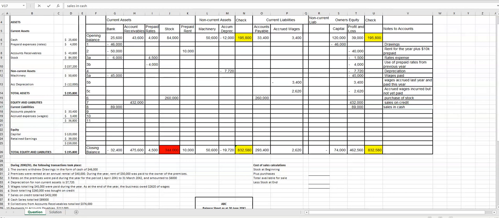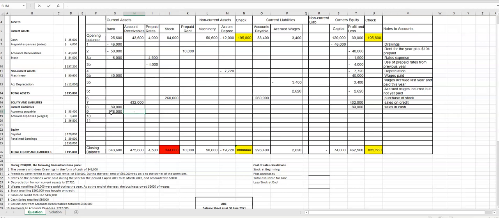Now, transaction 9, collections from accounts receivable total $376,000. So here we have debtors or our accounts receivable customers paying us for their purchases. So this is going to increase our bank account by $376,000, but we also need to reduce the balance of our accounts receivable account because we're having people paying us off.